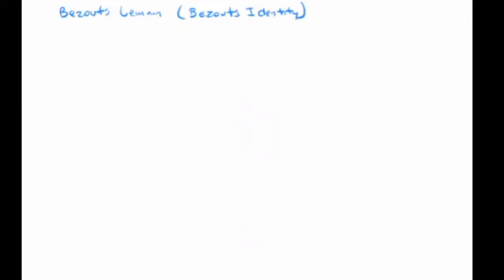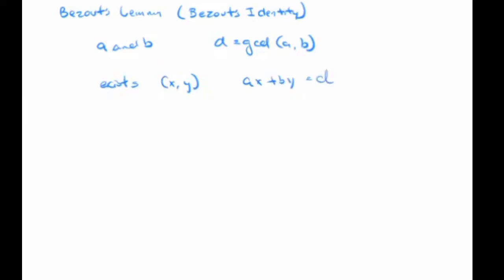So if we have integers a and b, and d is the GCD of a and b, then we claim that there exist integers x, y such that ax plus by is equal to d. Now we can simplify this because we can let a equal a1d and b equal b1d, and then the greatest common factor of a1 and b1 is 1.